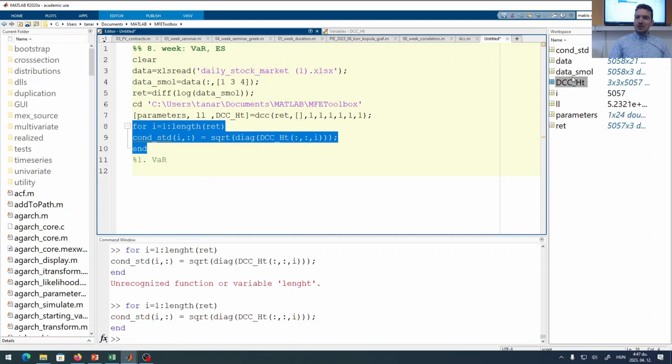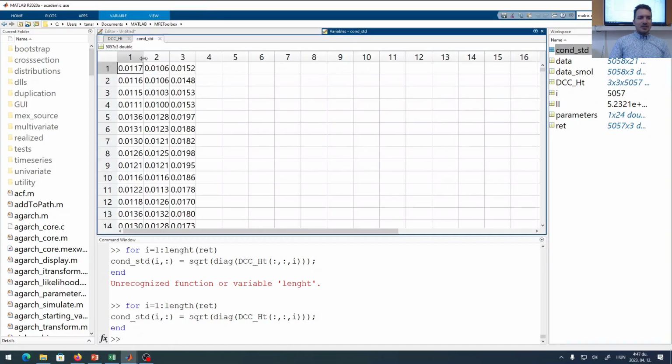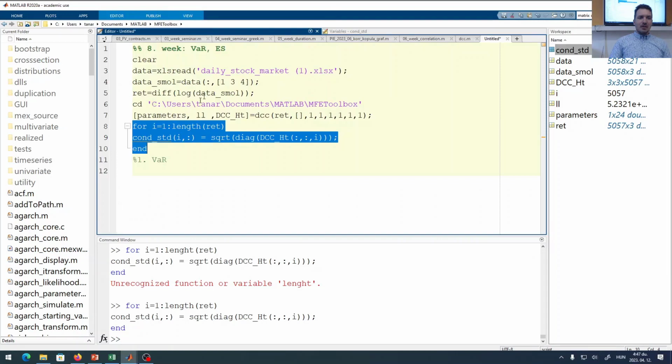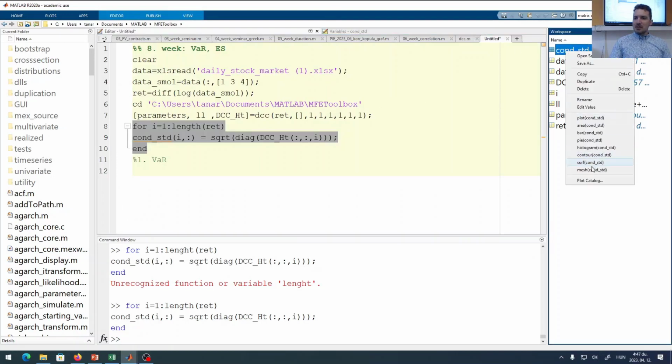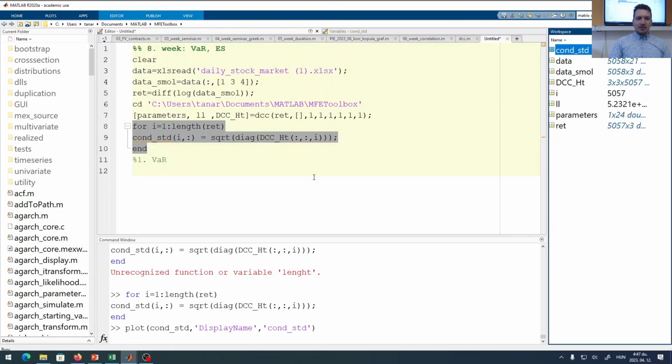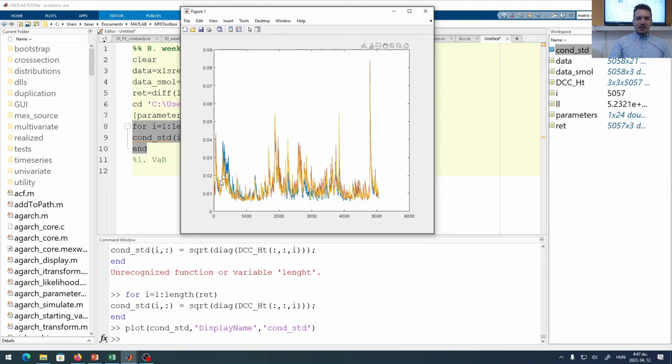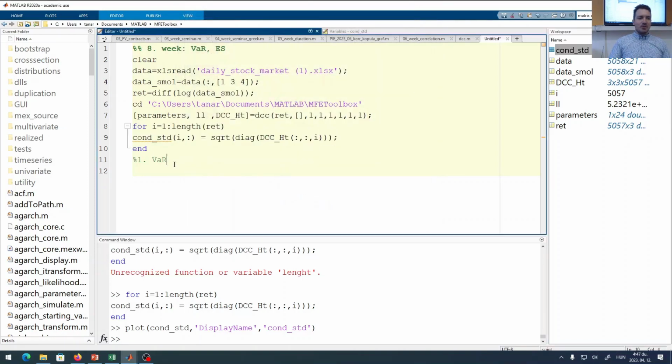But now it's good. So as you can see, these are beautiful. And hopefully this is changing in time. Yes, it's nicely changing in time. Also this is not the same data, so sometimes we can see it's changing in a different way, so we are able to capture the standard deviation.